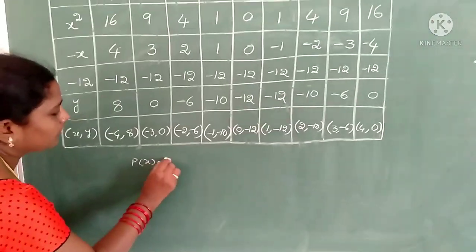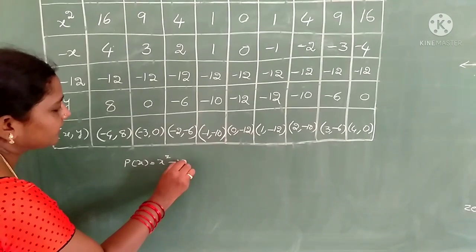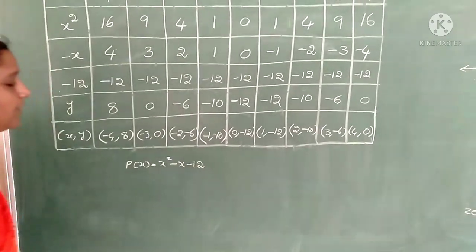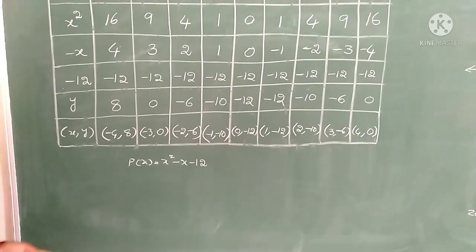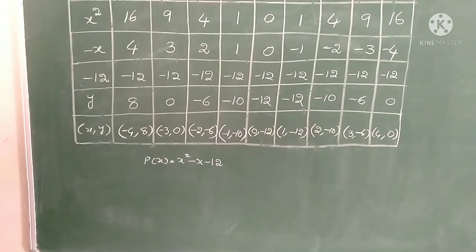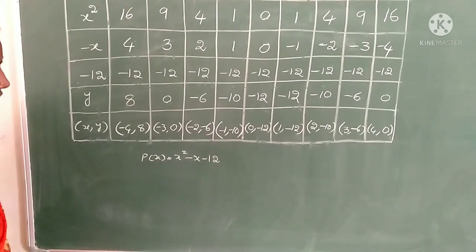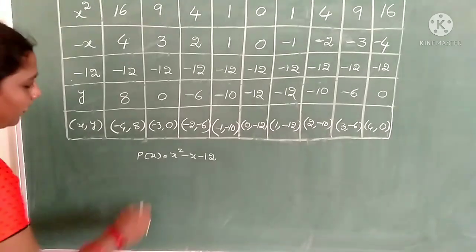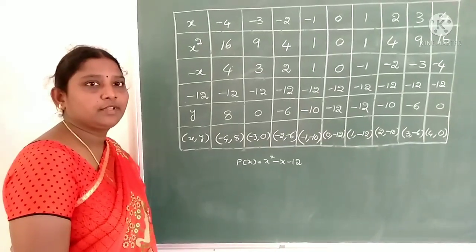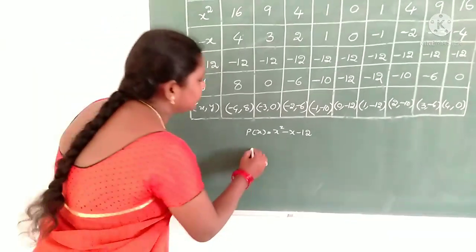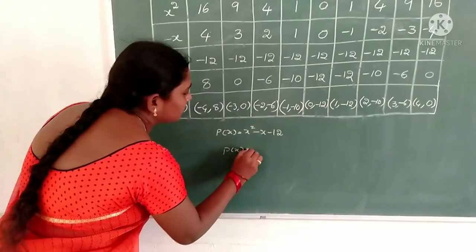P of x equal to x square minus x minus 12. Now the zeros of the polynomial means P of x equal to 0.